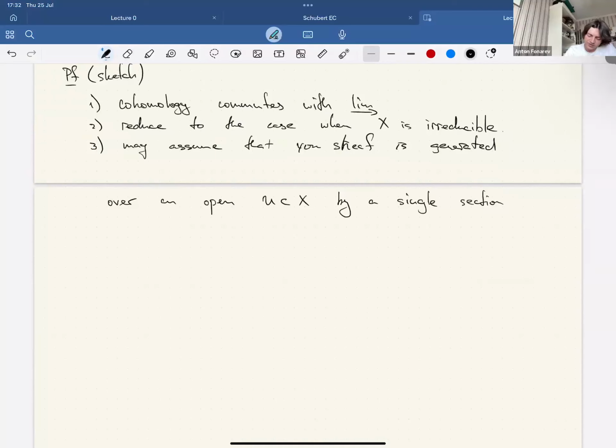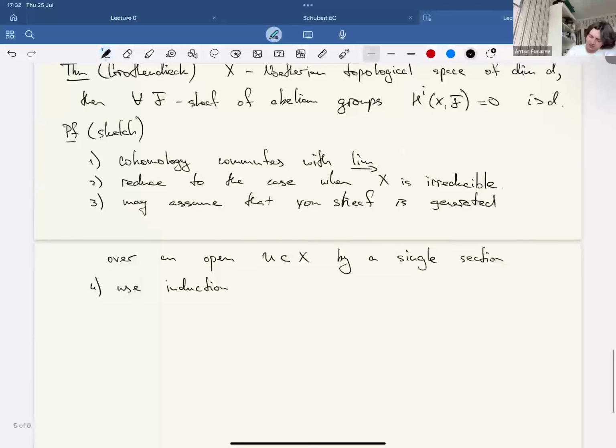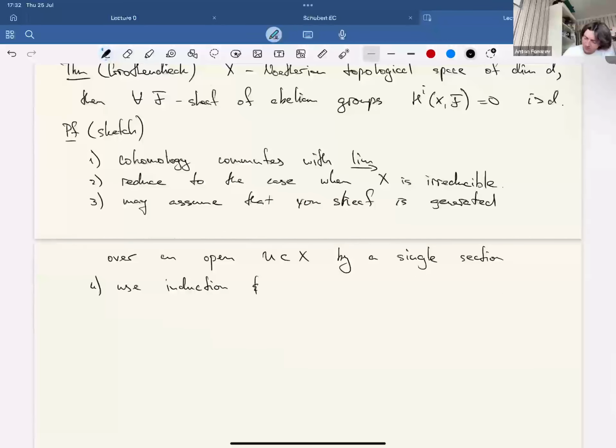And finally, from this, use induction and the fact that Z is flasque.